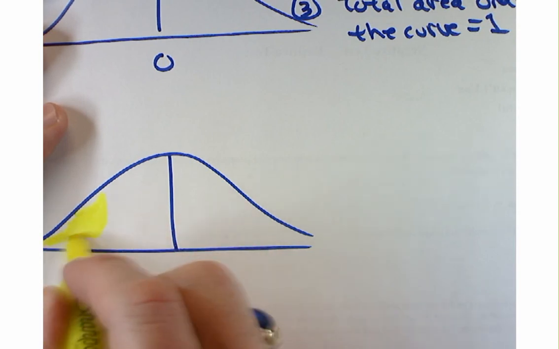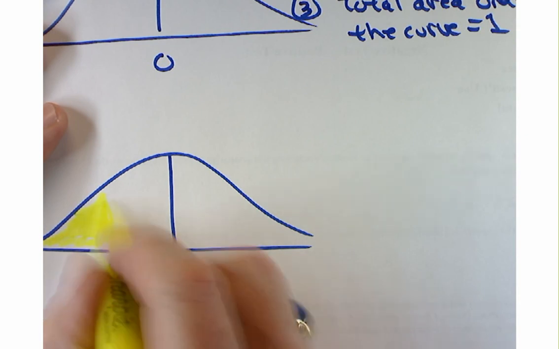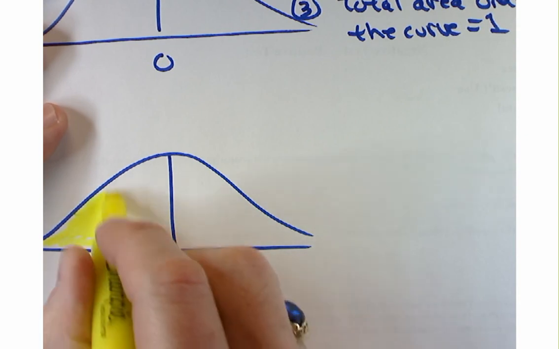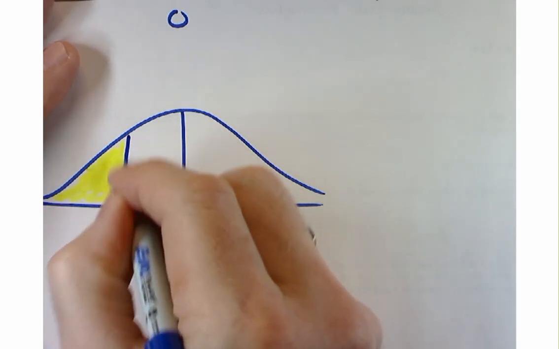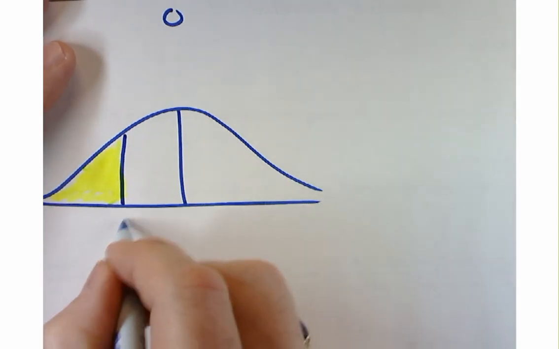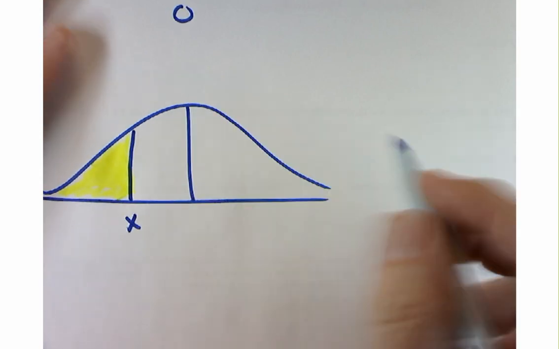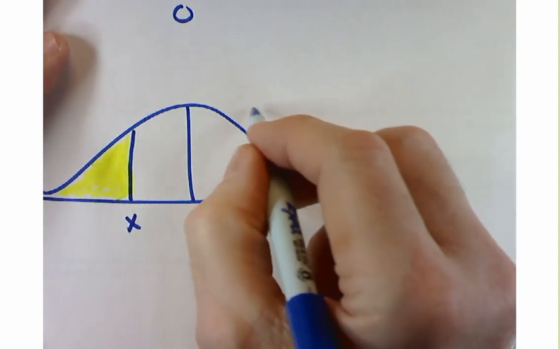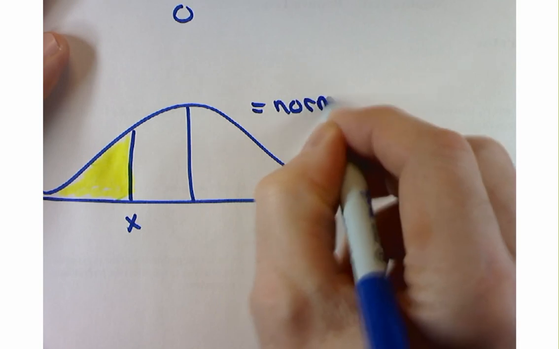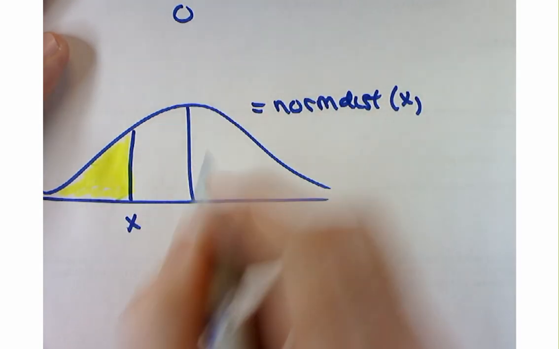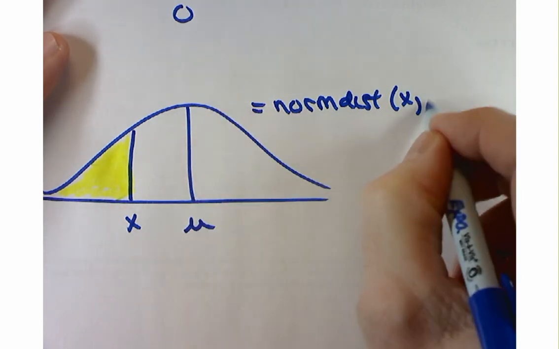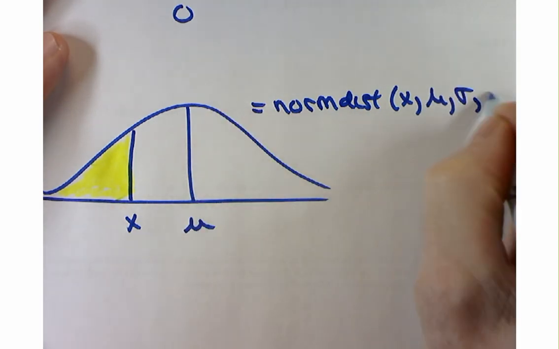Let me demonstrate or diagram what it's going to give you. It's going to give you the area underneath some curve to the left of whatever number you put in. So this is your value of x. You're going to put in something like equals norm distribution of x, and then the mean, and then the standard deviation, and then true.